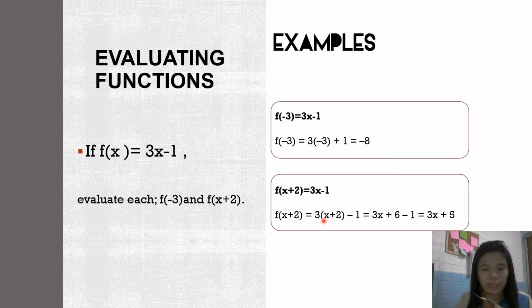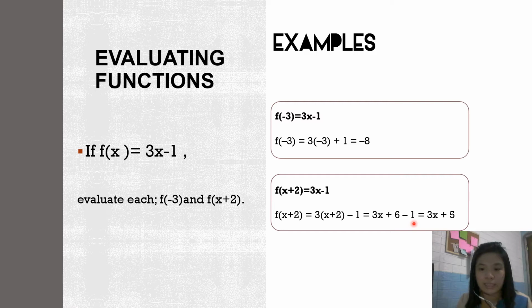How do we multiply 3 by x plus 2? We multiply 3 by x and then we multiply 3 times 2. That is multiplying a monomial by a binomial. 3 times x is 3x. 3 times 2 is 6. And then we bring down negative 1. So, 3x plus 6 minus 1.